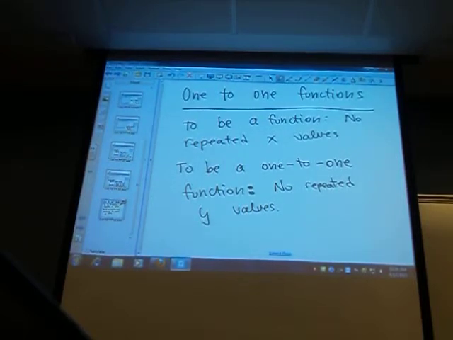So that means the x values can't be repeated and the y values can't be repeated. So all the x values must be different and all the y values.